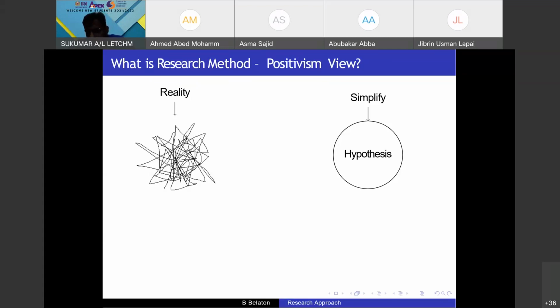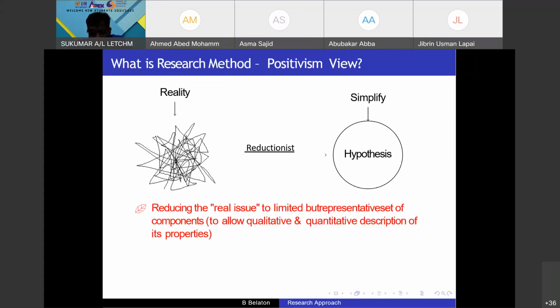You get something and then you try to simplify. You have a hypothesis, and from the hypothesis you try to prove it. Not all research necessarily has a hypothesis. Some research doesn't care about hypothesis at all. They go straight to empirical measurement.